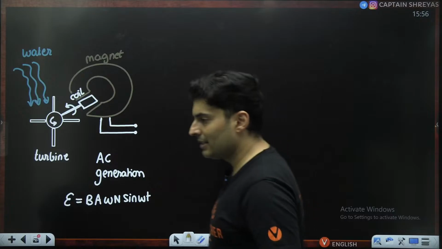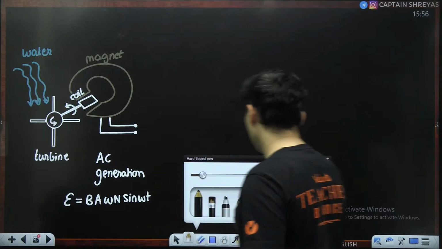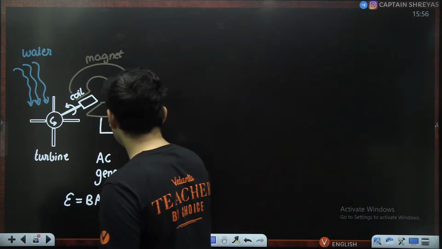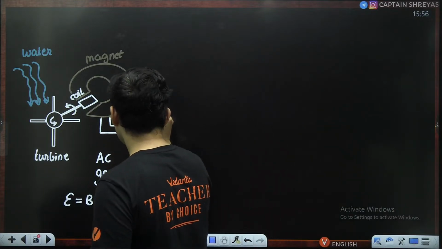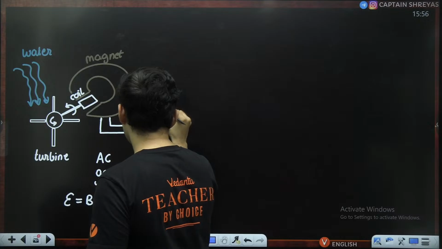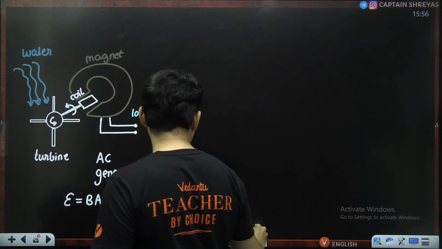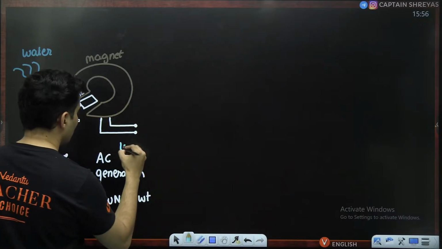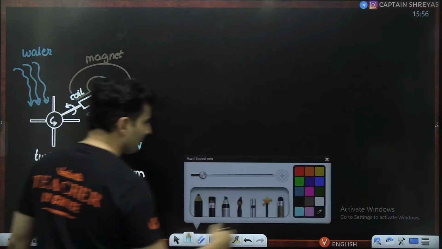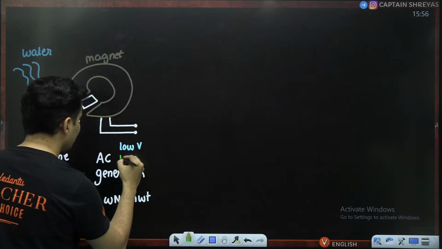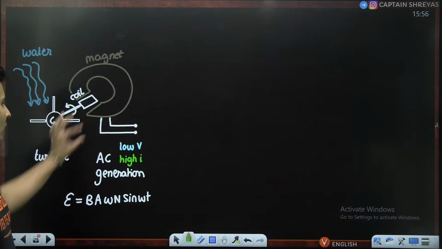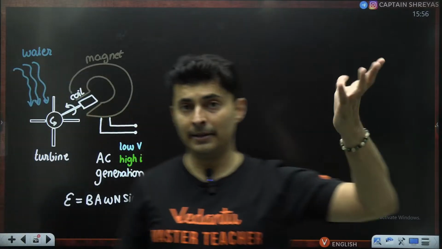So an AC current is generated, but the voltages generated are typically of very low voltage. It's low in voltage, but typically the current is very, very high. Very, very high current is being generated from the generator plant.